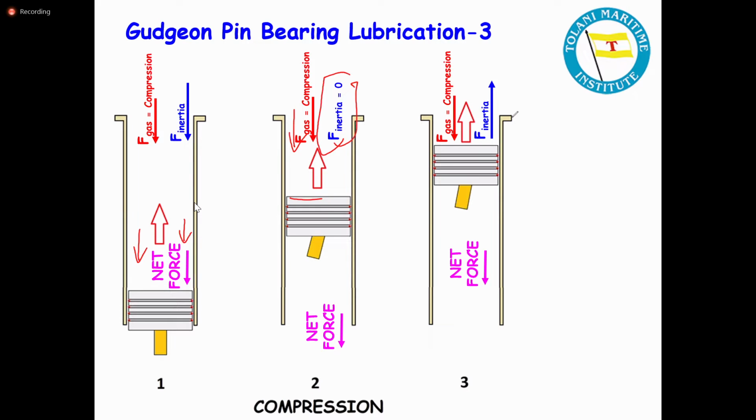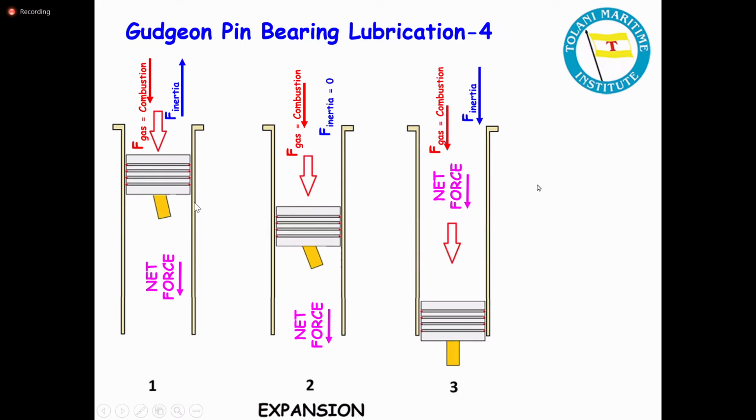When the piston is about to reach the TDC, it's decelerating, so the inertia forces change direction and are now acting in an upward direction. The compressive gas forces are still acting in a downward direction, which are quite heavy. So the piston is acted upon by a net downward acting force. You can see that net force is mentioned in each case.